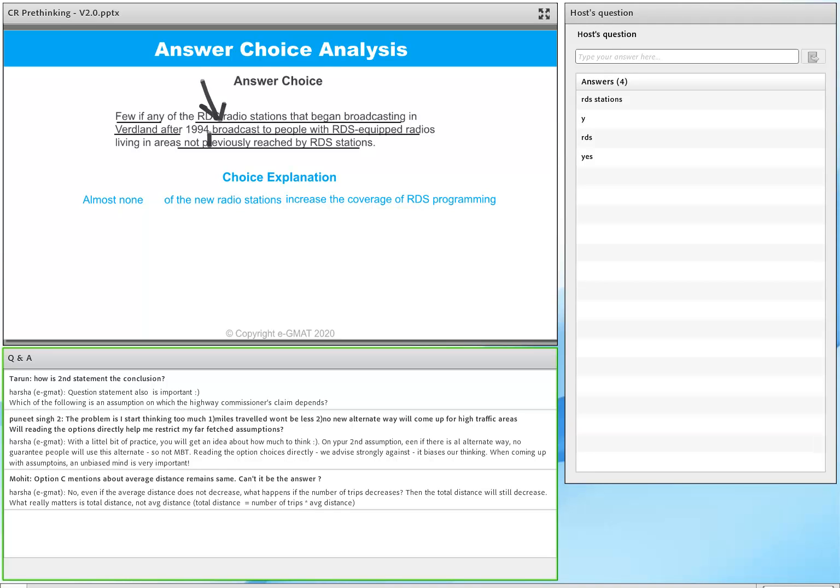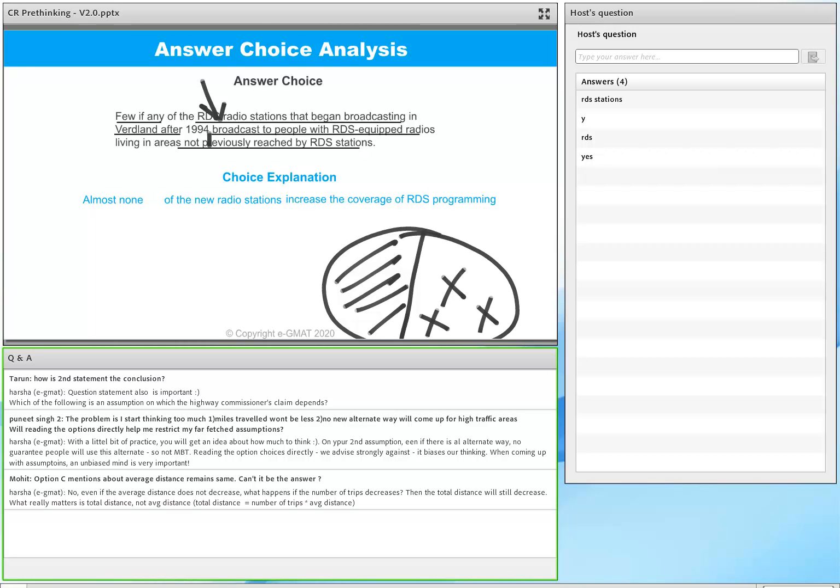So what it's saying is, if this is my area over here, and these people who lived over here were all covered earlier, these people were not covered earlier. The new stations were primarily put in this area where there was coverage. They were not put in this area. Few, if any, means almost none.